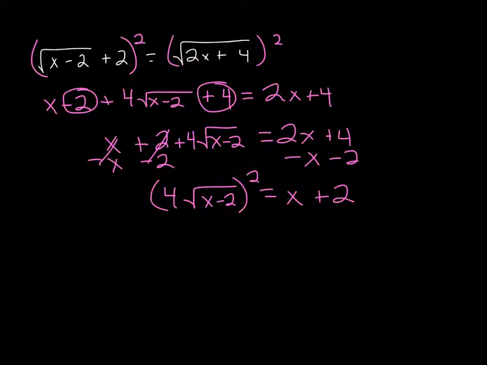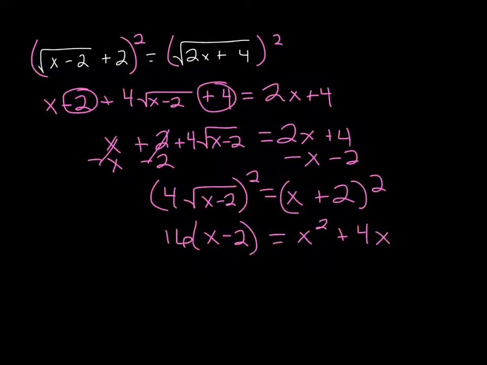So now we'll square both sides again to get rid of the second radical. So 4 squared is 16 times x minus 2, which still needs to be grouped together. But since the radical's gone, we can use parentheses. Then when we square the binomial over here, we have x squared, double the product, 2x times 2 is 4x, square the last, which is 4.